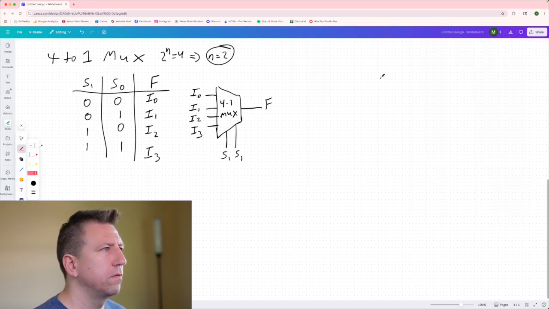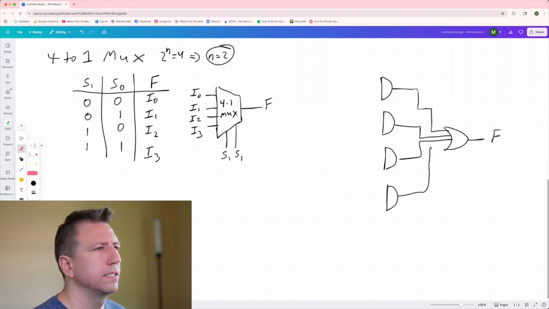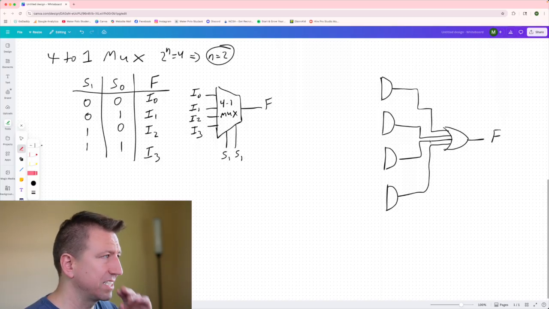Well, just like we did before, we're going to have AND gates, but this time we're going to have 4 of them. Each of those will be a path for one of our inputs. So there is I0, I1, I2, and I3. Okay, so what goes into these AND gates? Well, we have these two selectors now.